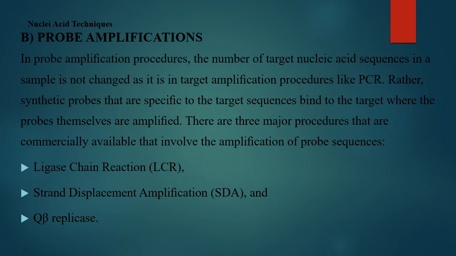In PCR, it is the portion that you desire that you multiply, you amplify. But in probe amplification, it is rather the synthetic probes that are, let me say, replicated. So synthetic probes that are specific to target sequences bind to the targets where the probes themselves are amplified. So the probes that you amplify.